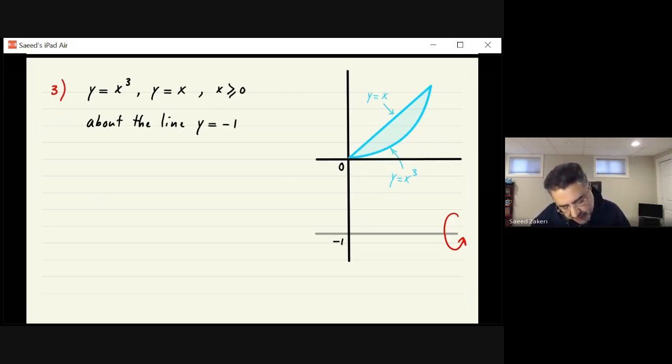So if you want to just imagine what this difference would be, let me sketch. It's very hard to sketch these things on a slippery screen. I wish we could do it on a chalkboard. So in the first case, when you rotate around the x-axis, the kind of region that you get looks like this.